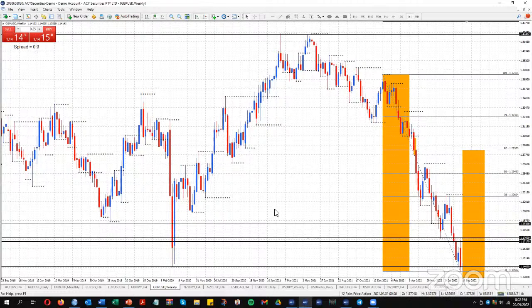But I know the political environment and everything else that's going on at the moment, we could move down and through. But I'm just trying to show you that there are reasons why we could hold there from a technical perspective. Of course, we need a clear signal that's telling me I want to take a trade.